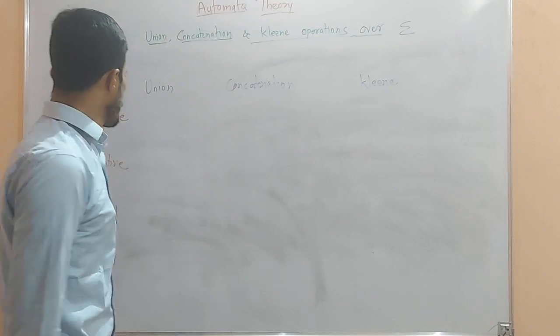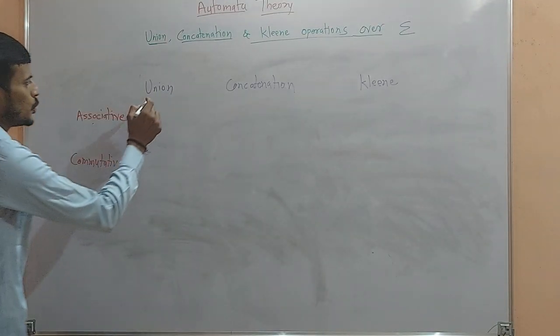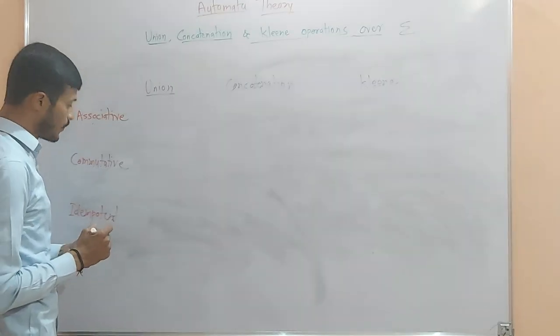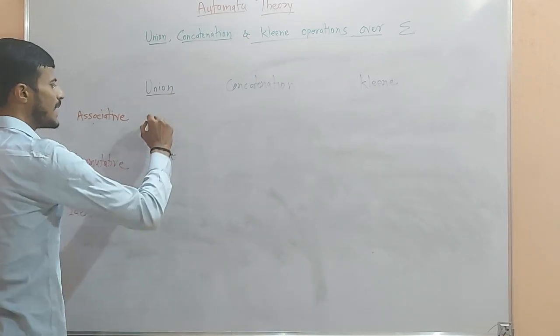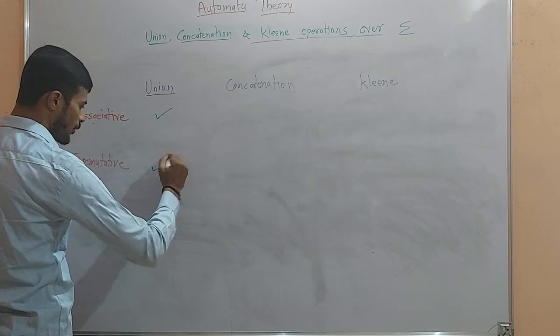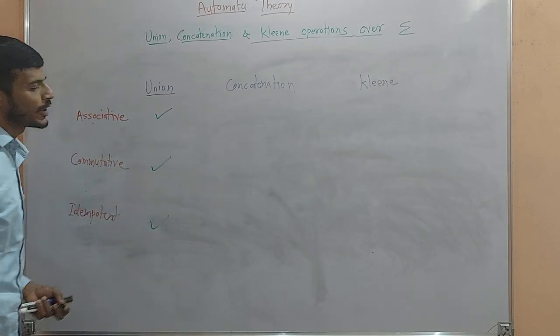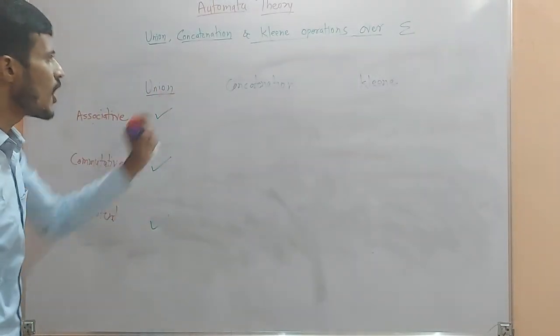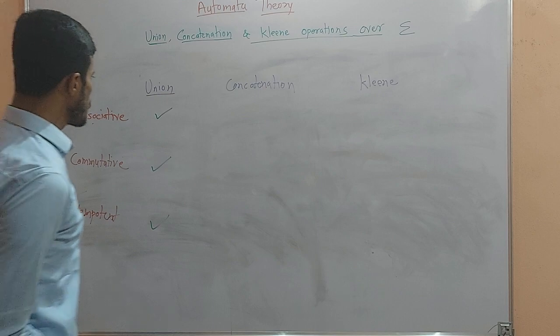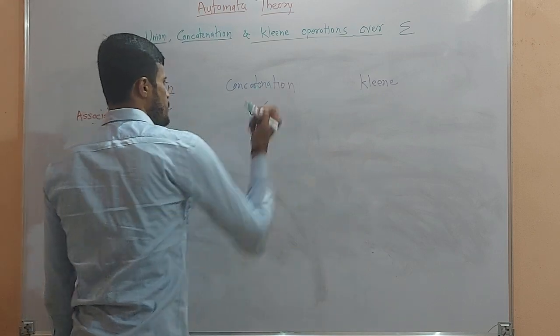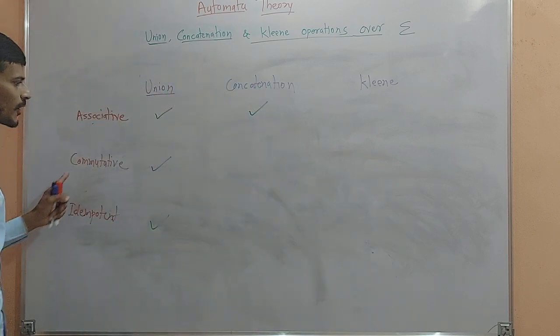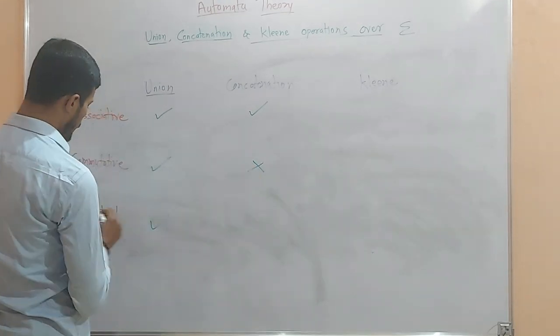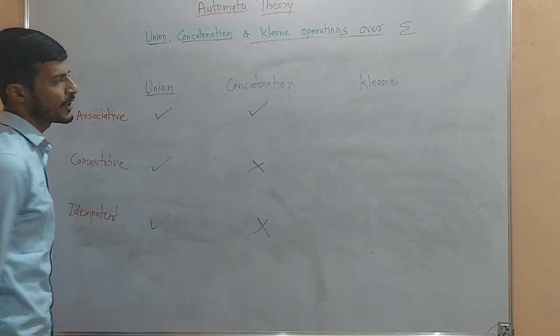Okay, so always keep in mind union follows all associative, commutative and idempotent property or laws. In the case of concatenation, concatenation only follows associative. It does not follow commutative as well as idempotent.